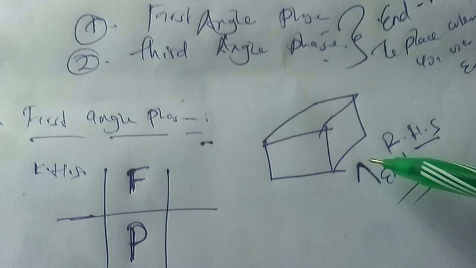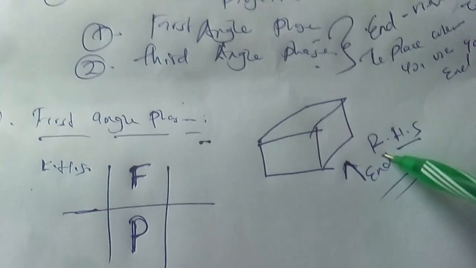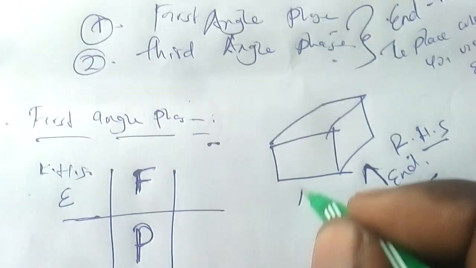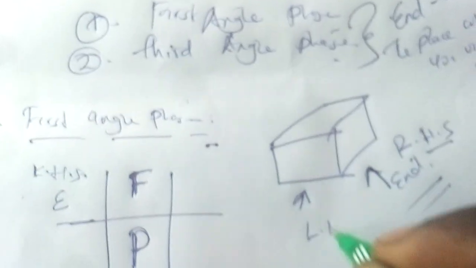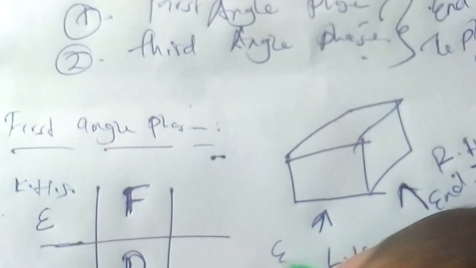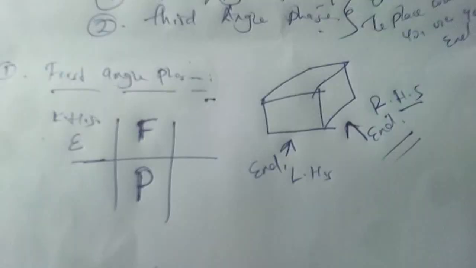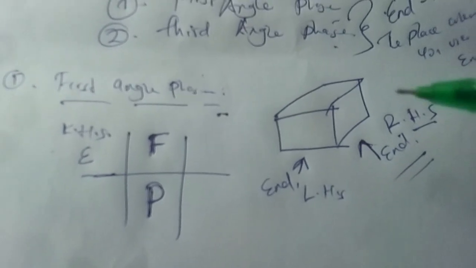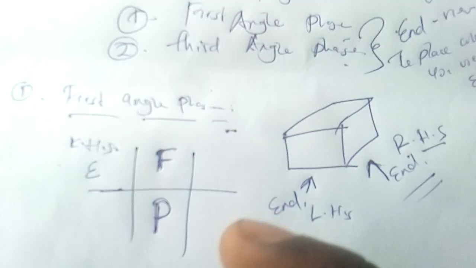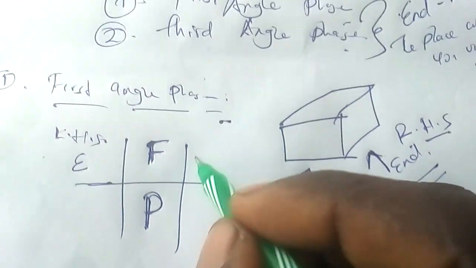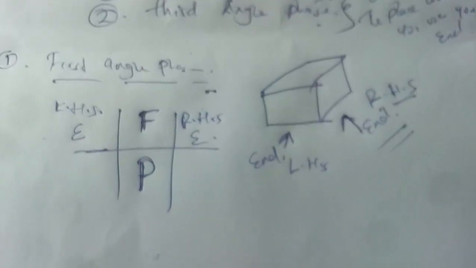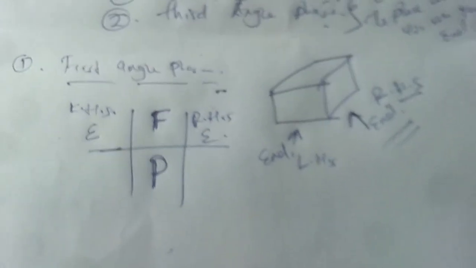But when you view your end on the left hand side, your end will be drawn on the right hand side, and this is the first angle projection.